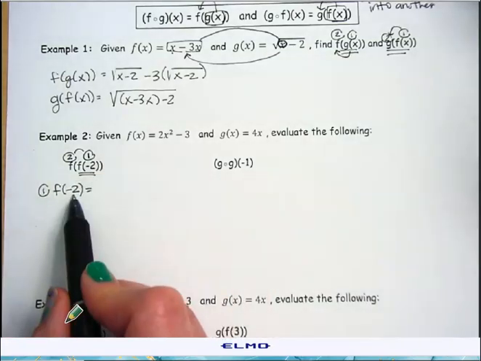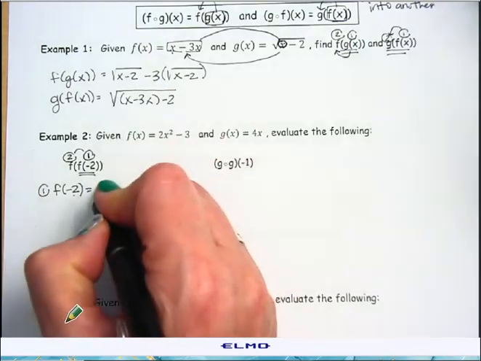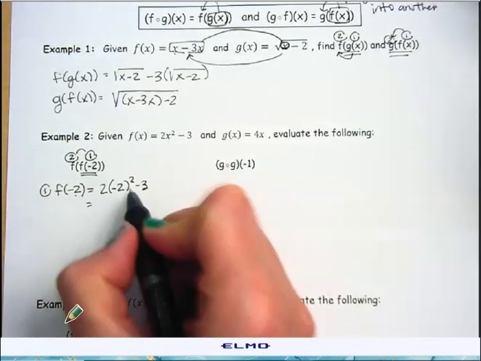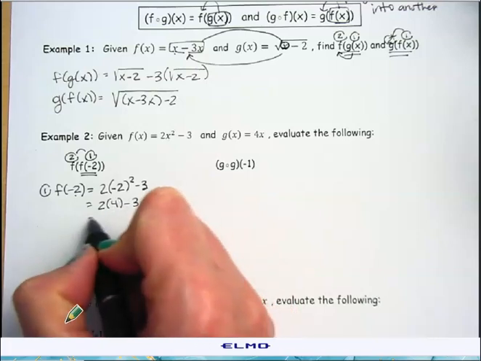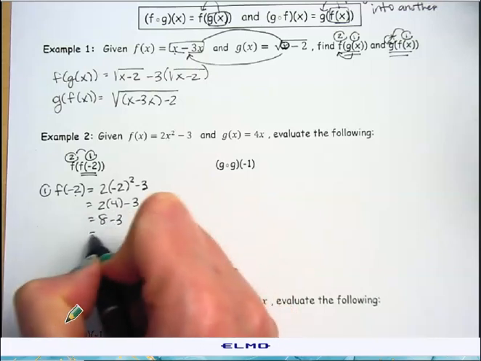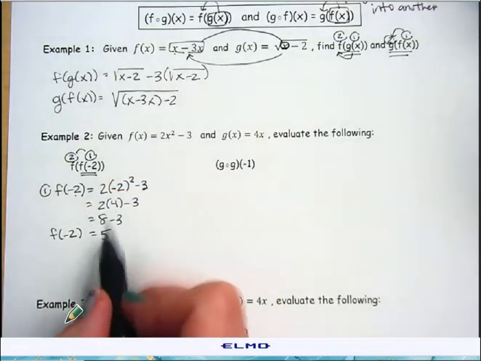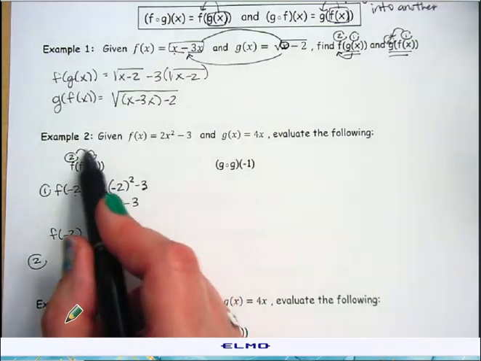So that means plug -2 anywhere you see an x in the f function. So 2 times -2 squared minus 3. I'm following my order of operations, exponents first, multiplication next, and then subtraction. So f of -2 is equal to 5. So now I'm going to take that 5 and plug it into f again.